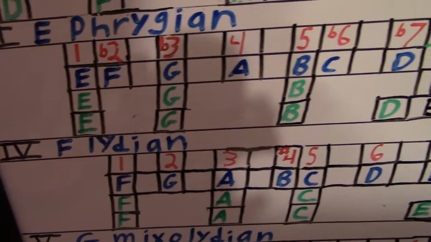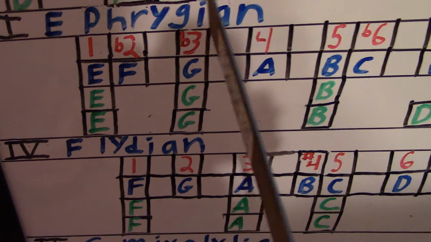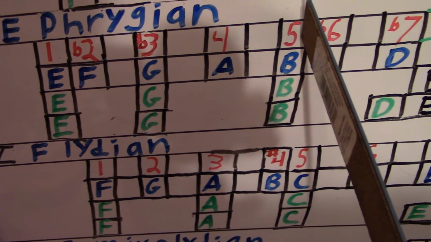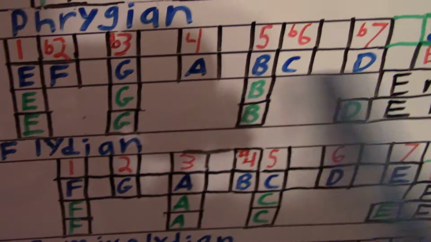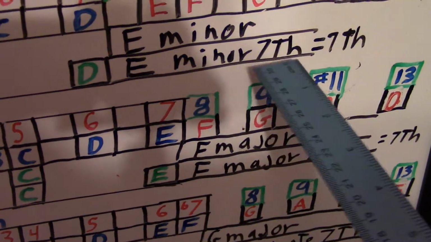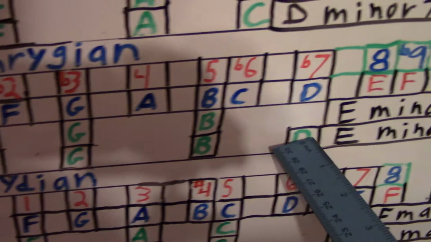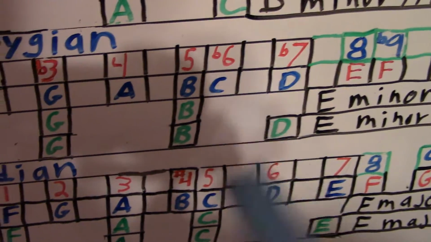And why is that? We have a root, flat third, and fifth, which gives us E minor: E, G, and B. And E minor 7 would be root, flat third, fifth, and flat 7, so you have E, G, B, and D.